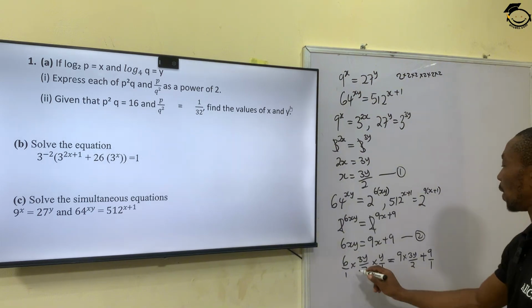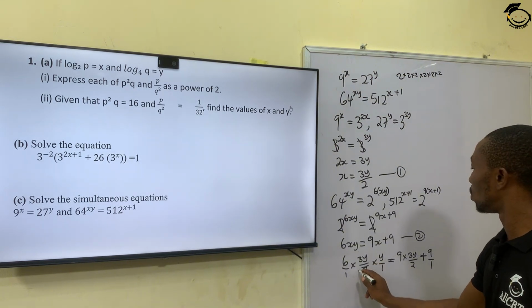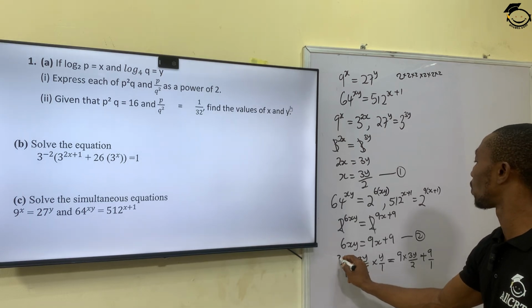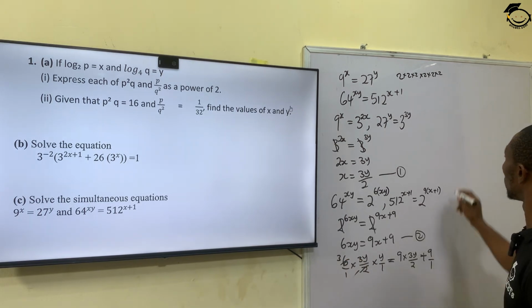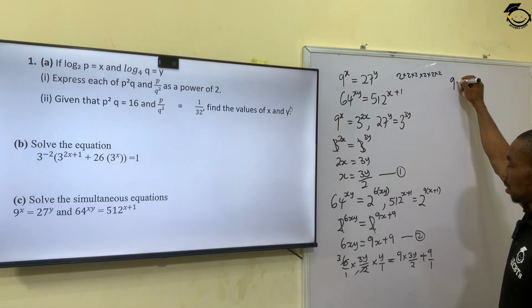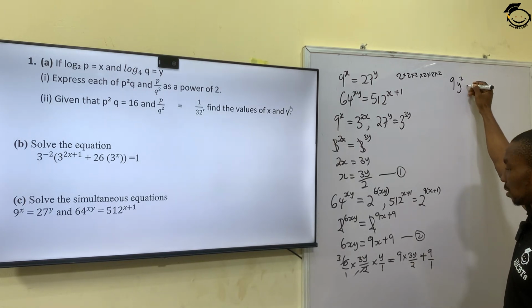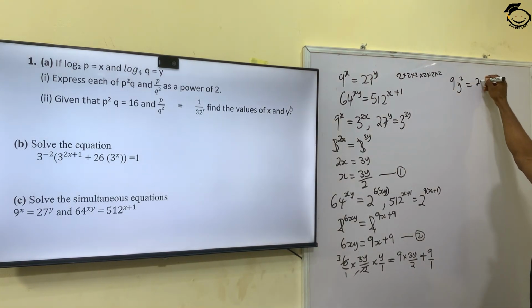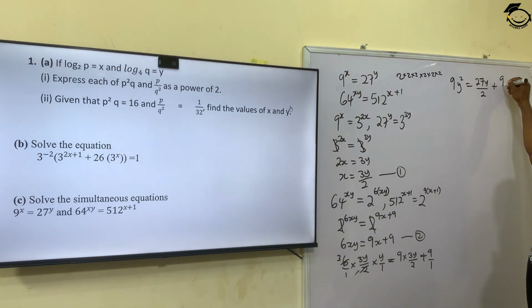So from here, the 2 we cancel. 2 into 2, 1. 2 into 6, 3. 3 times 3 would give us 9y squared equals, this will give us 27y, 9 times 3, 27y over 2 plus 9 over 1.